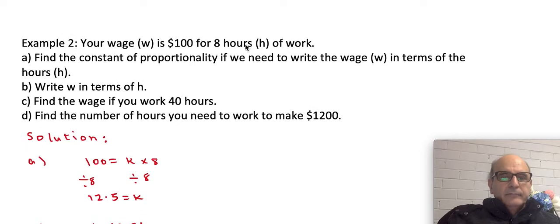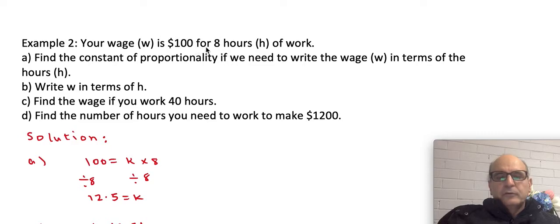Now, is it an example of direct proportionality? Yes, it is, because if the number of hours is 0, if you work for 0 hours, you get paid $0. So they both start from 0. And then the more you work, the more you get paid.